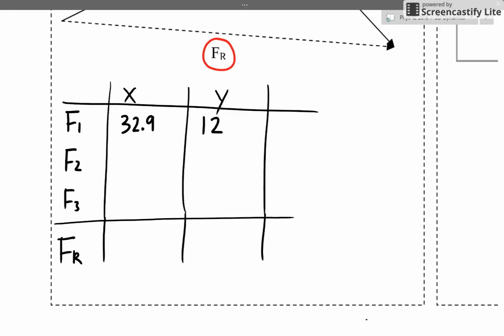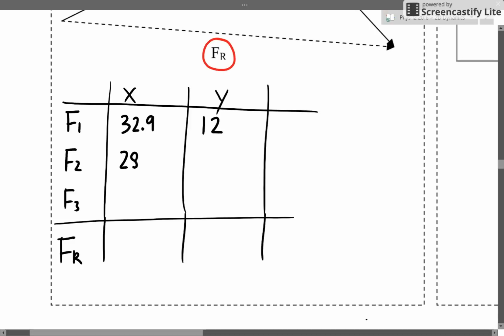F2 is 28.9 for x. Now I do remember that, right? You think I'll forget? Negative 34.5 for y direction. And then finally for F3, the force number 3, the force is 65 Newton in the x direction, positive, and nothing on the y.